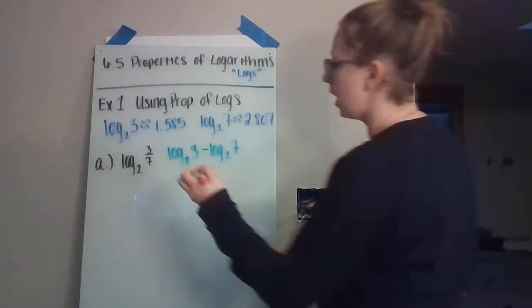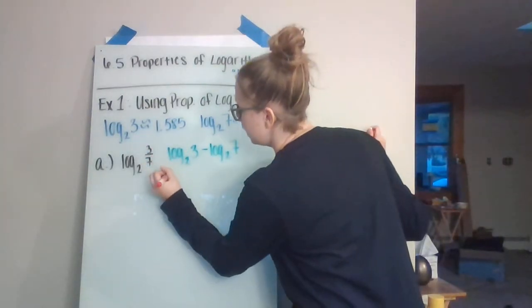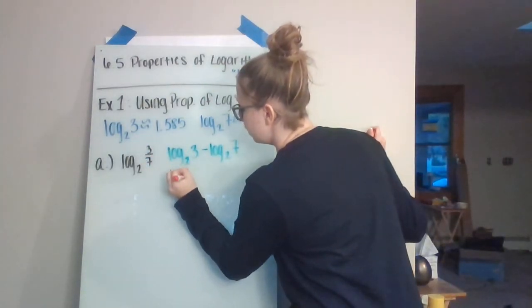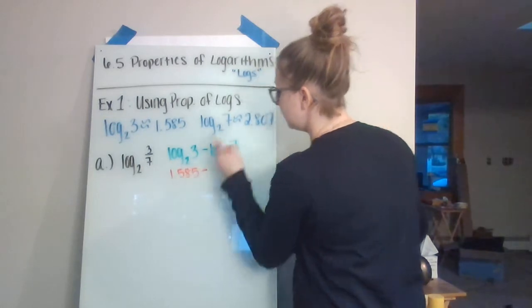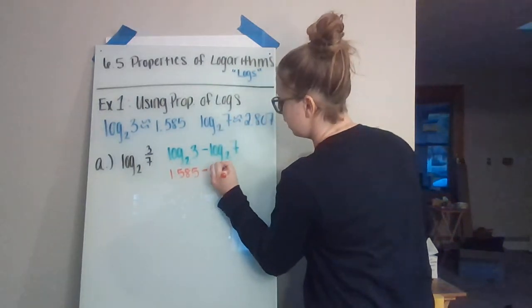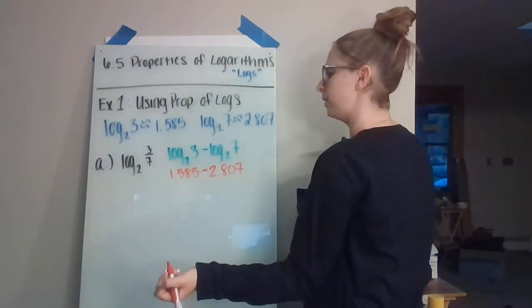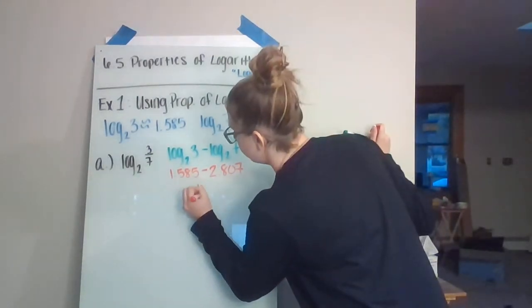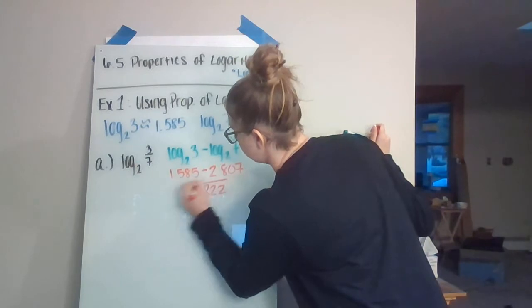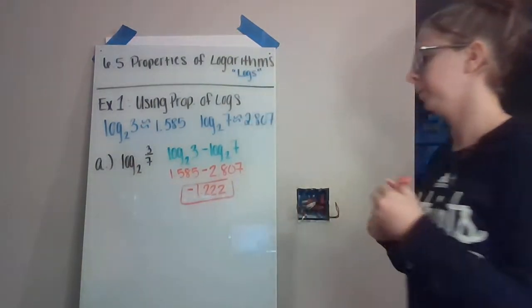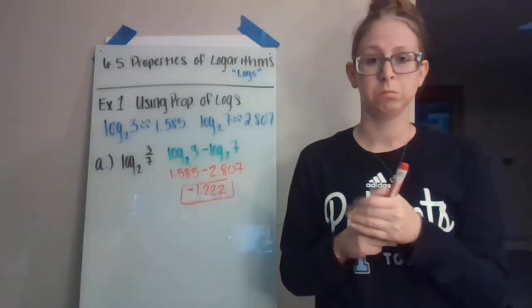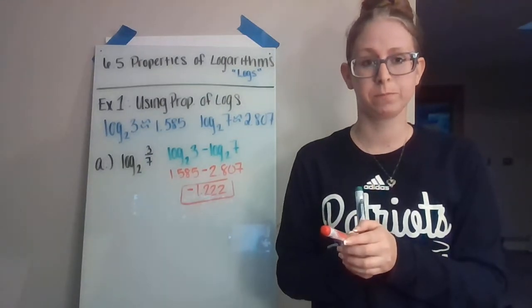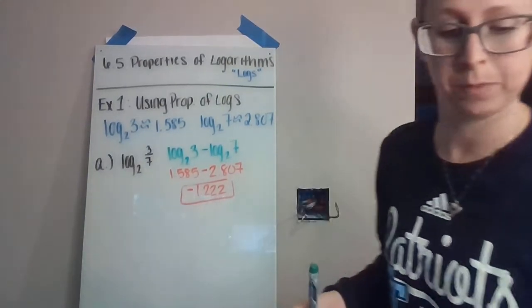So I told you log base 2 of 3 is 1.585 minus 2.807. Plug that into your calculator, and you should get negative 1.222. Simple enough, right? Okay, let's do another one.